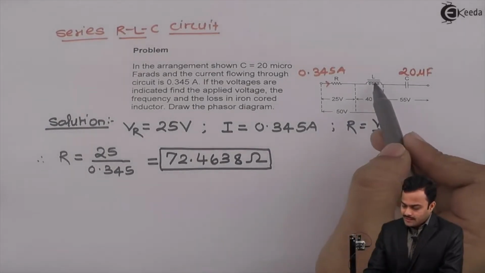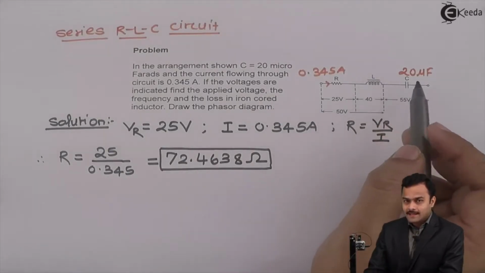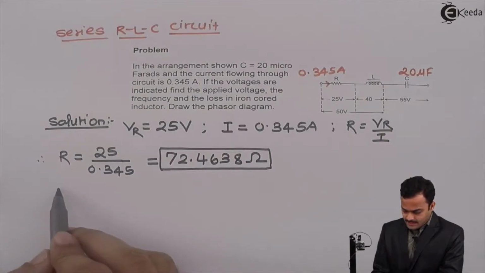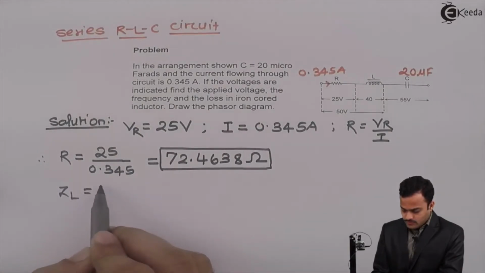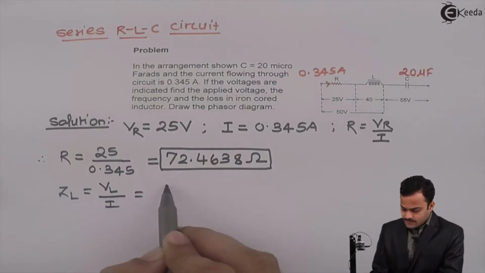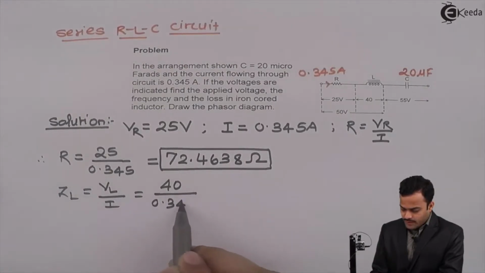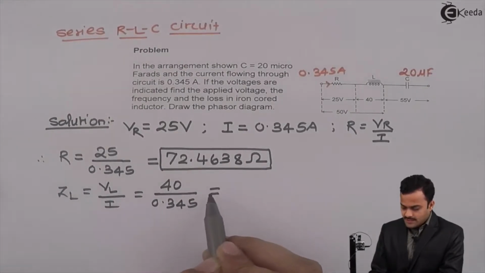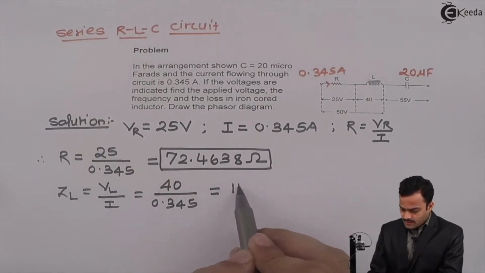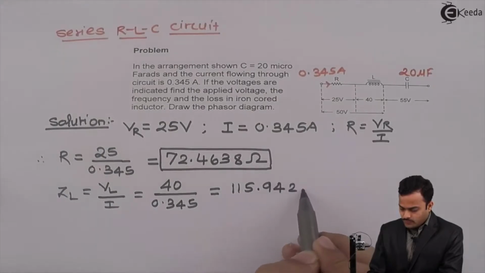So definitely here, instead of considering XL, I should consider ZL. ZL equal to VL divided by I. So it's 40 divided by 0.345. So ZL magnitude is 115.942 ohm.